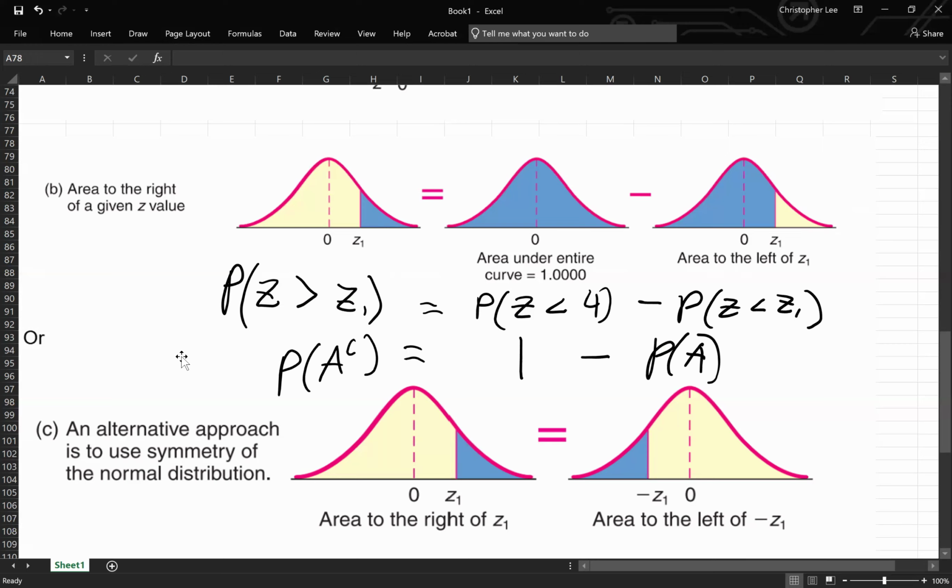They're gonna say, what is the probability of Z greater than whatever number? That's when you do this. You find a probability in the table, and whatever answer you find, you subtract it from 1. That's it. You just go 1 minus whatever.